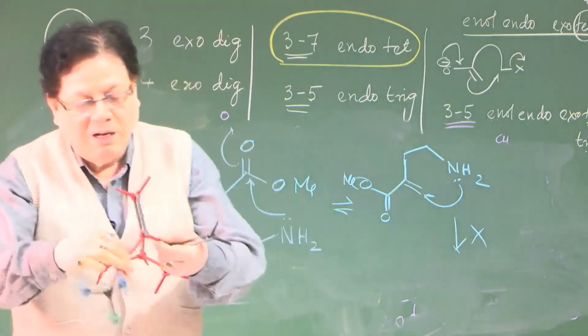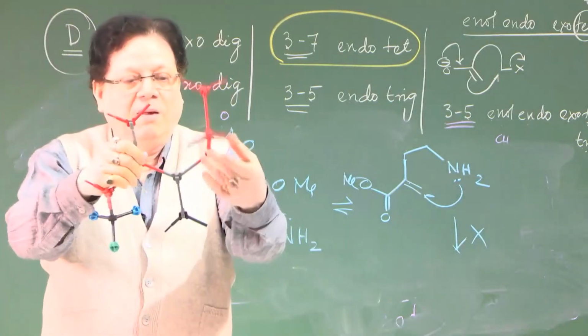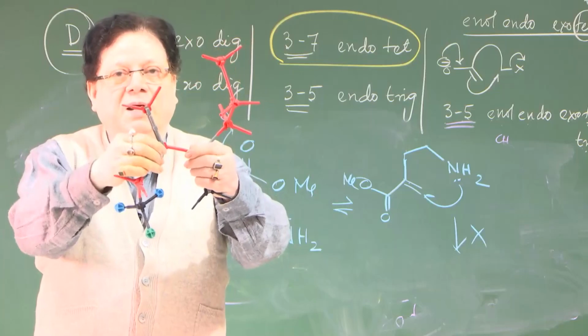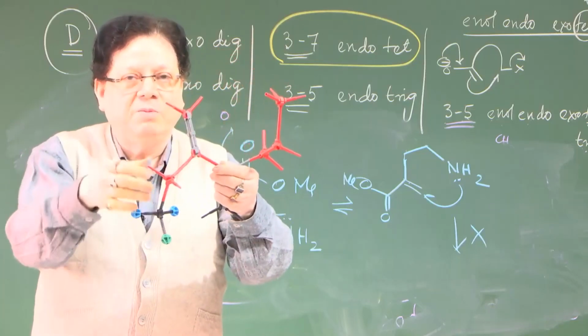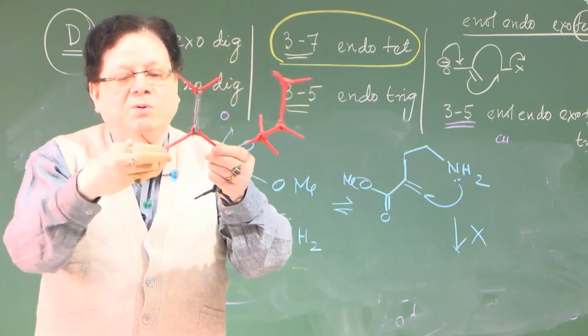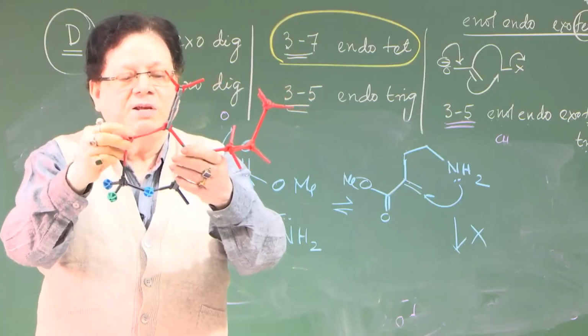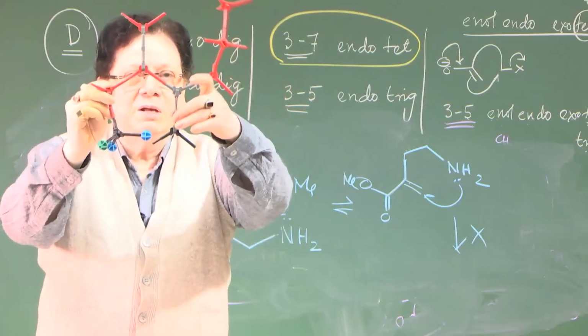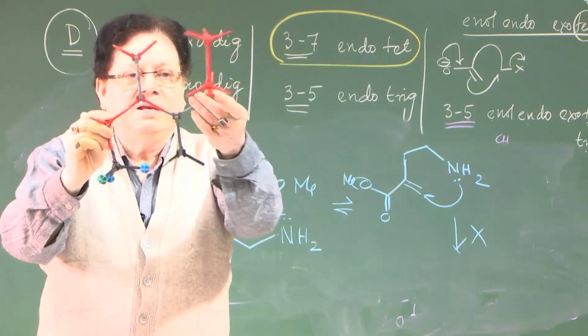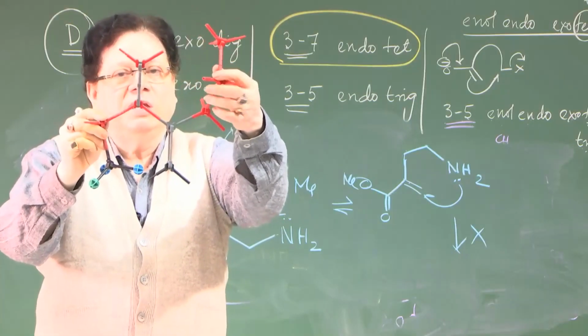So, let us see the model again just to fix the atoms. So, this is the carbonyl, again I repeat, this is the ester group, that oxygen and CH3, and this is the double bond, and here you have the CH2, CH2, NH2.